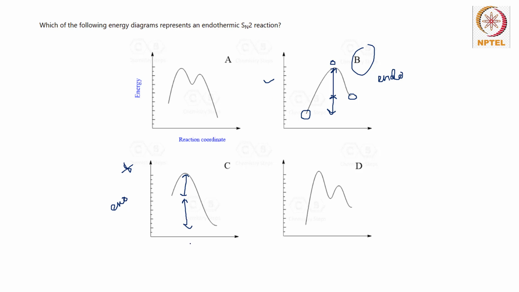So whenever the stability of the product is less than that of the substrate, that will be endothermic. But when the stability of the product is higher than the substrate, then this amount of energy will get released from the system. That's why it will be an exothermic reaction. I hope it's clear.